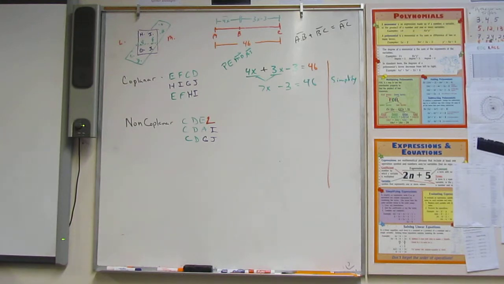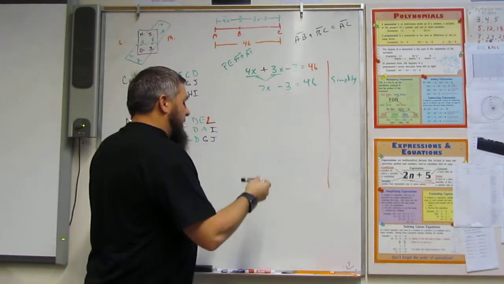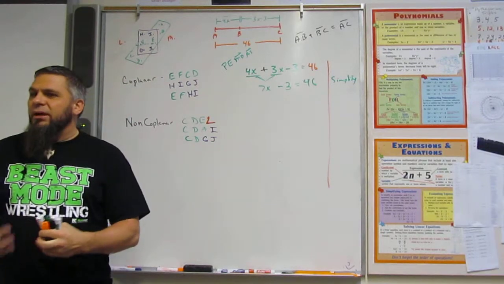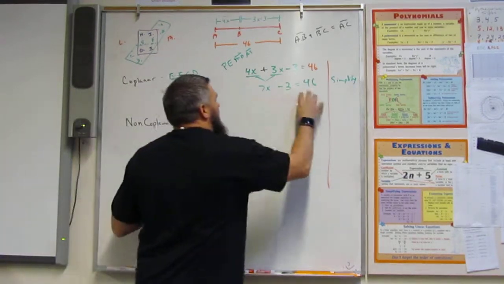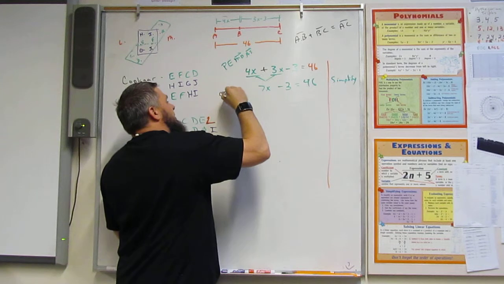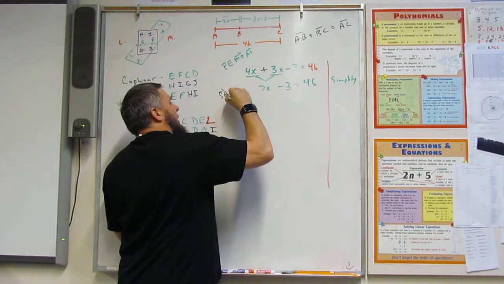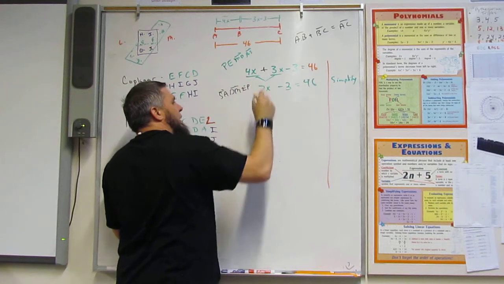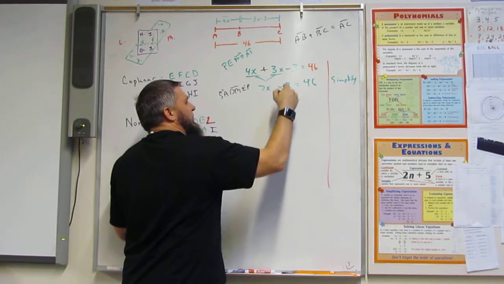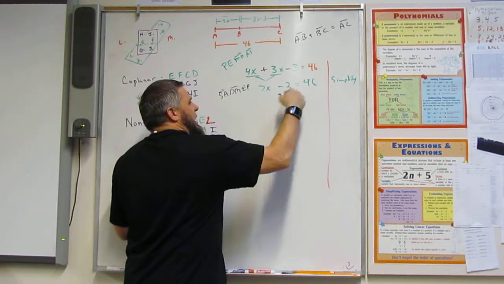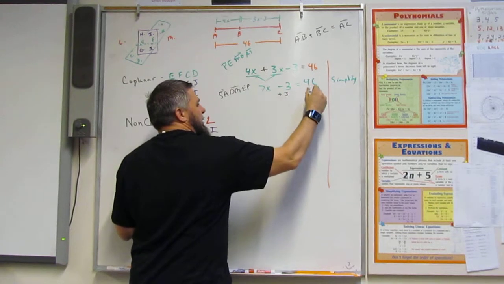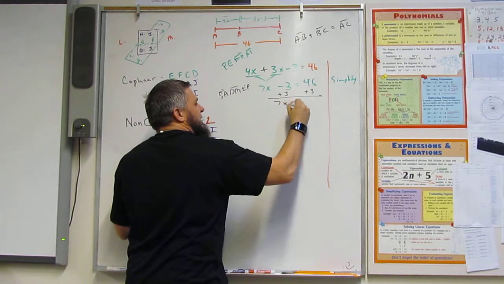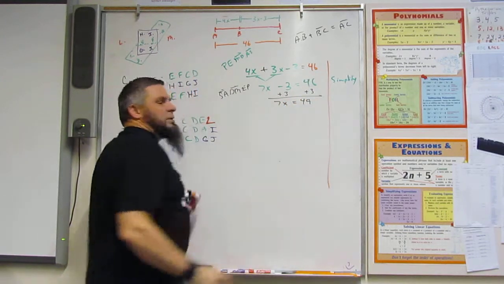Next, now I have to do SAD map. I've got to start moving some things. So that's when we start using SAD map. Now I'm going to move this 3 by adding the opposite, and I get 7x is equal to 49.